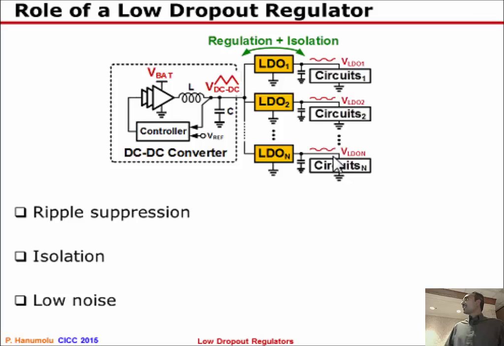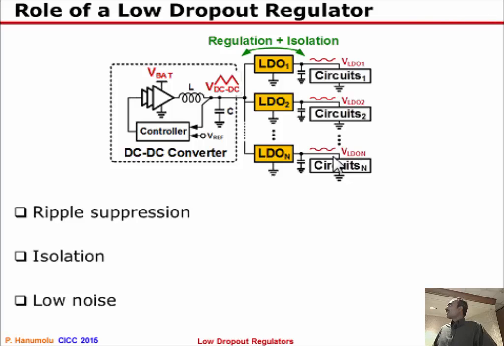It should suppress any ripple produced by the DC to DC converter, and it should provide some isolation between noise generated by the circuits and the output of the DC to DC converter. And in applications where supply noise is of critical importance, it should take a noisy input, in this instance a supply voltage, and provide a clean supply to the sensitive circuits.